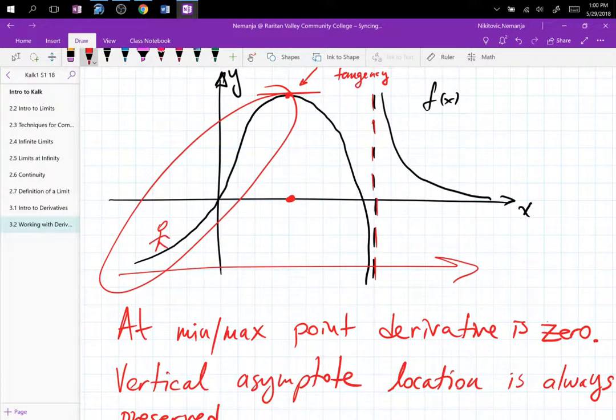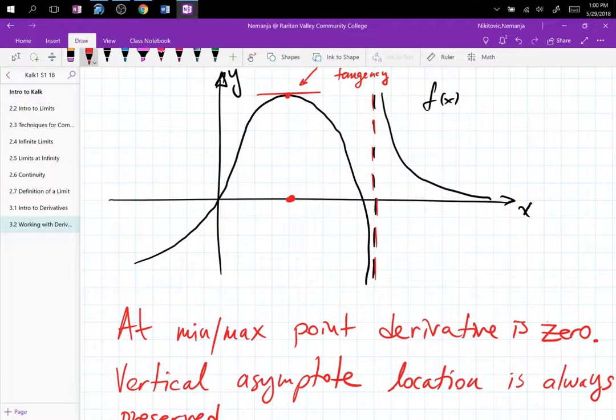That means that piece is increasing, and if it's increasing, that means that the derivative is positive. So the derivative should look something like that. So it should fall into this one and then follow the asymptote down.